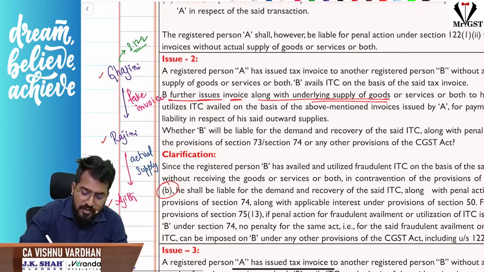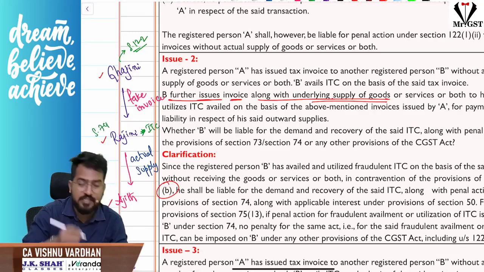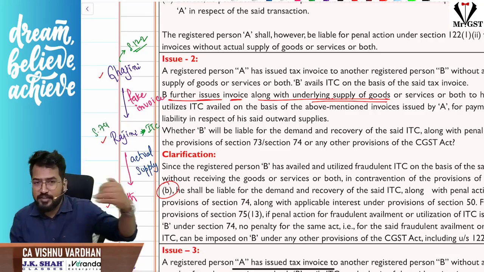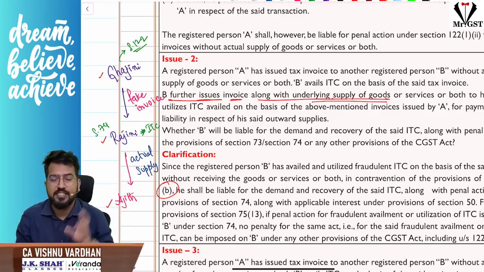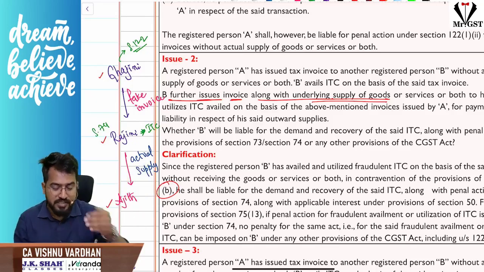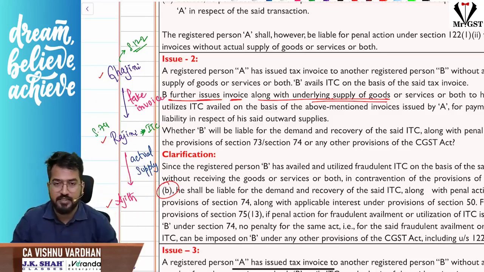Rajini is wrongly availing ITC, correct? This comes under section 74. Section 74 is applicable because Rajini actually makes a supply and is utilizing the ITC which he has taken from fake invoices. So wrongly he is availing and utilizing the ITC. So section 74 will be invoked here against Rajini. That is another side of the story.